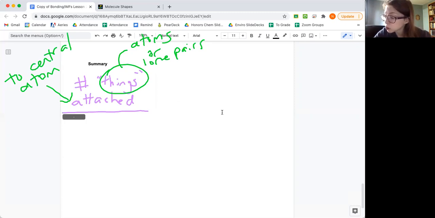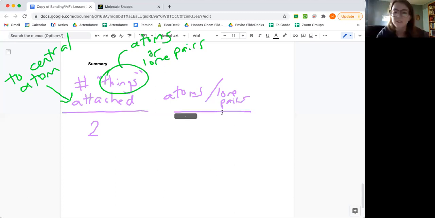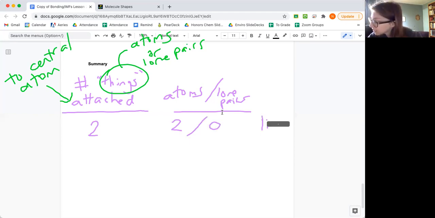So really, I'm just combining tables 1 and 2 above for you. If we had 2 things attached to the central atom, and they were both atoms, so being more specific, if of those 2 things attached, 2 were atoms and there were no lone pairs on the central atom, that's when we call it linear for both its molecular and its electron geometry.